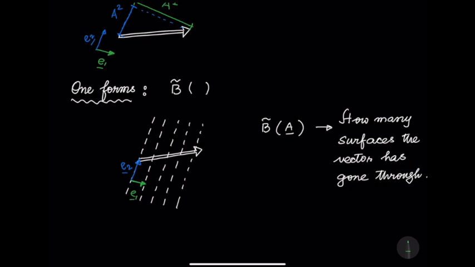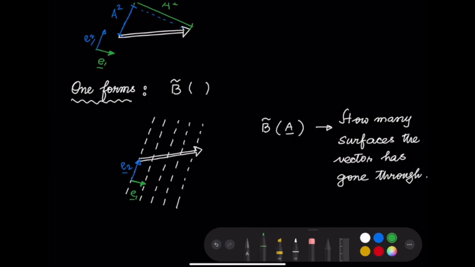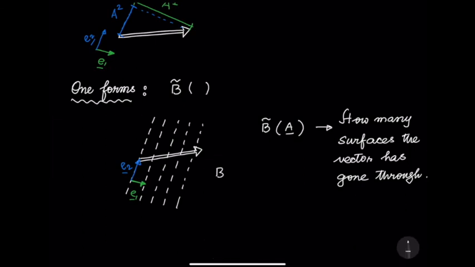In this particular example, what do you think is B1? It's B tilde E1. E1 is the vector which I have put in, and I have to calculate how many surfaces the vector has gone through. The answer is 1. In this case, B1 is 1. What about B2? Well, B2 is parallel to the surfaces, so B2 is essentially 0.